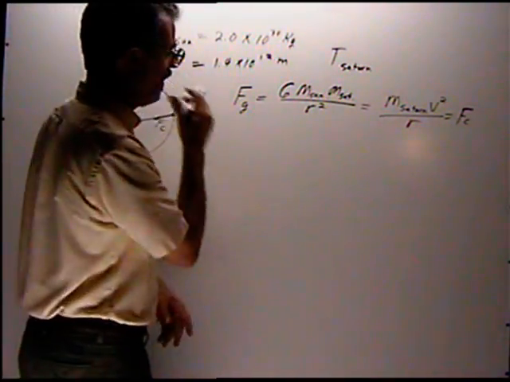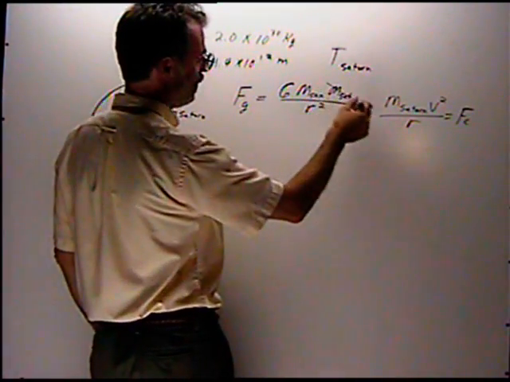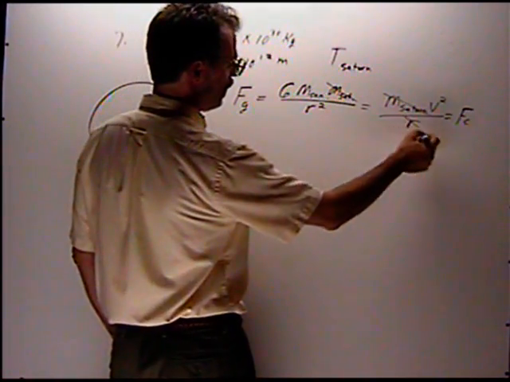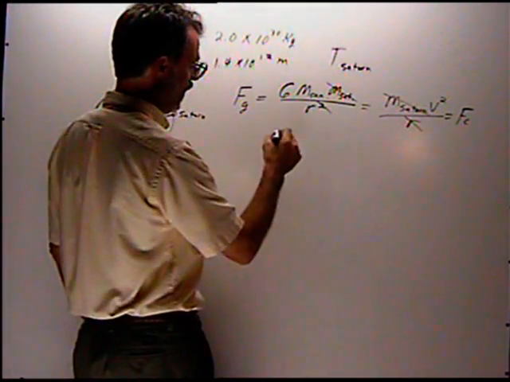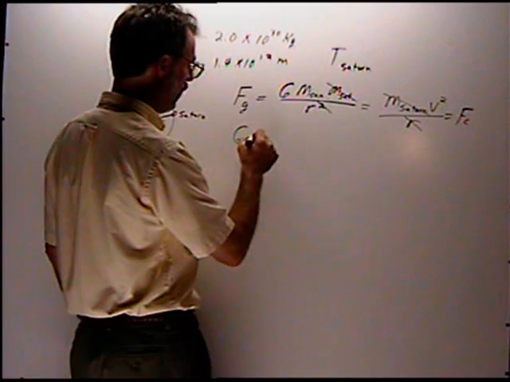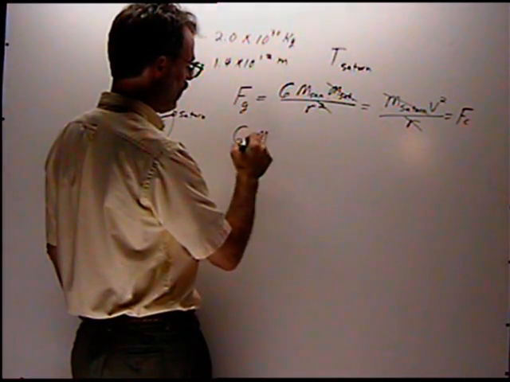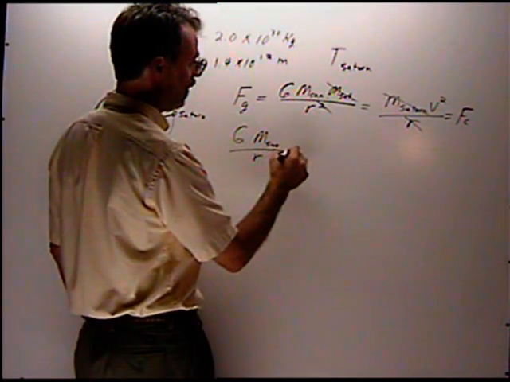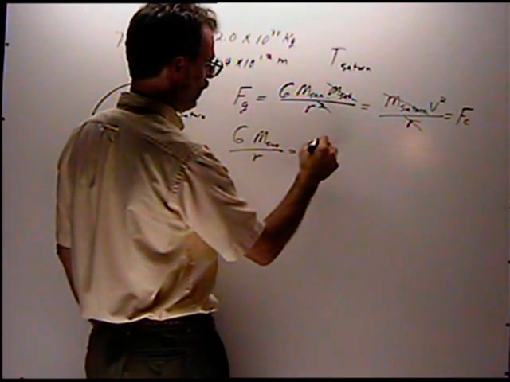Notice that the mass of Saturn conveniently cancels out. One of these radii cancels out with one of these, and we are immediately left with G times the mass of the Sun divided by r equals v squared.